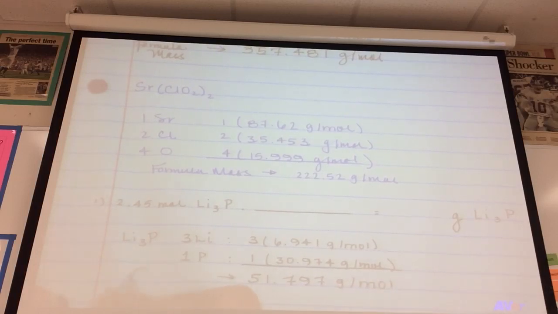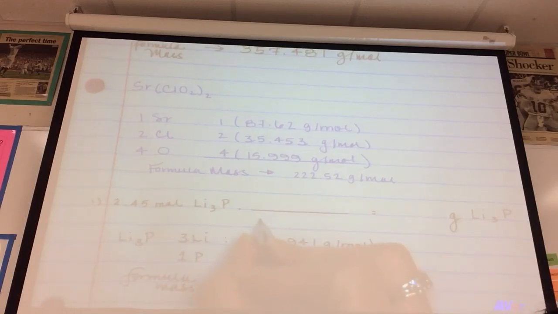That's going to be the formula mass, the mass in grams of 1 mole of lithium phosphide. Now I've got moles of lithium phosphide here. So from my formula mass, I'll have 1 mole of it here.